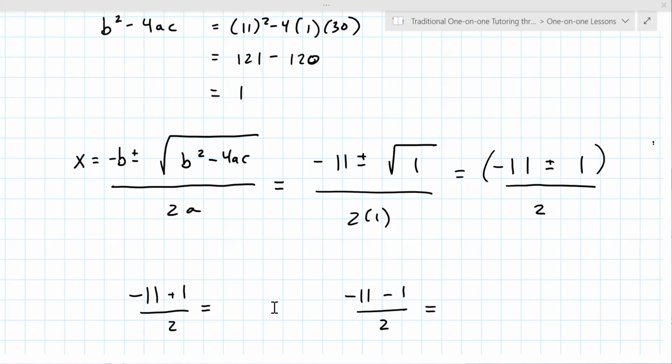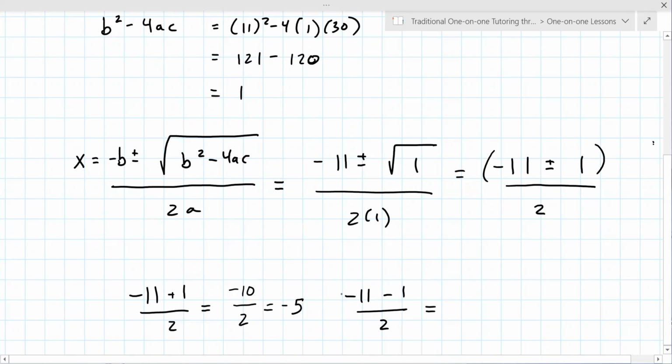This is 12. Negative 11 plus 1 equals 12. Okay, but this number is negative, meaning it's a number that's less than 0. So the final answer has to be less than 0 or negative. Negative 10, divided by 2, negative 5.